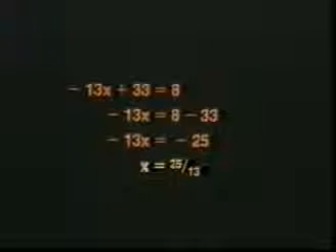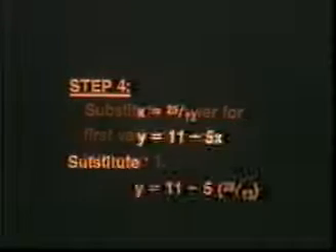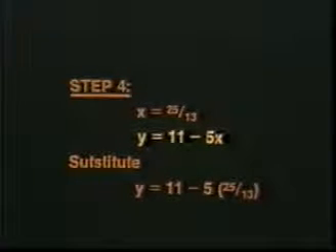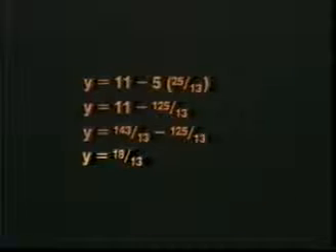And then guess what? We can take that value and substitute it back into that key formula we got in step 1. Remember, the answer in step 1 was y equals 11 minus 5x. But now we know what x is. So we substitute the value of x into the equation and immediately find ourselves swimming in a sea of fractions.